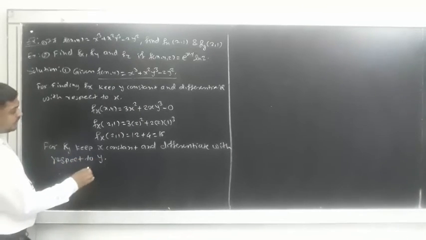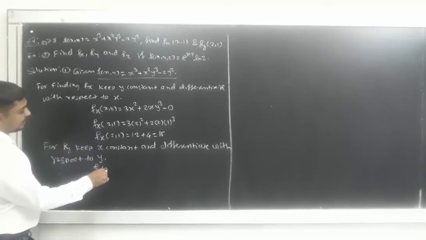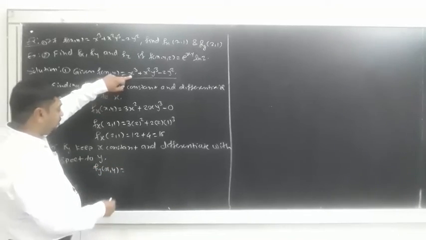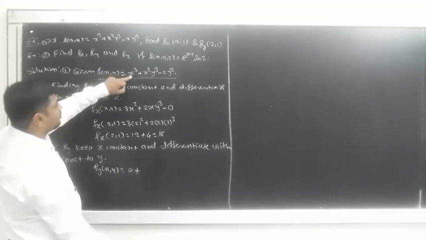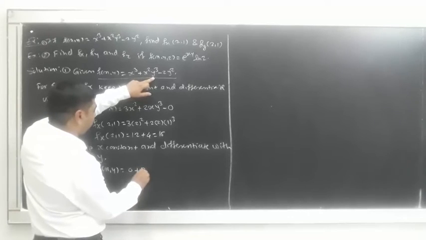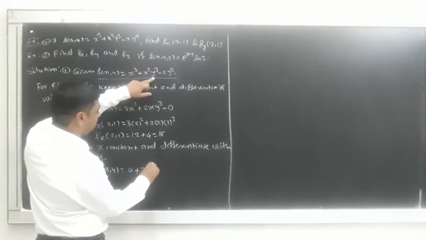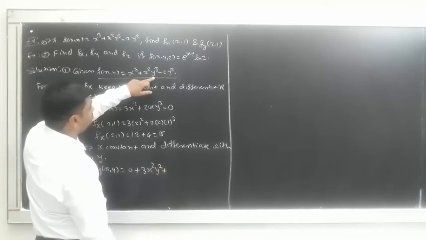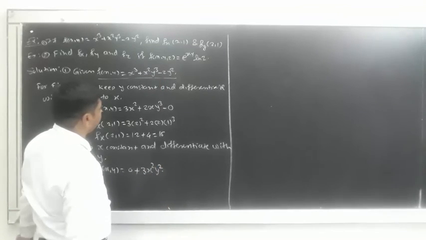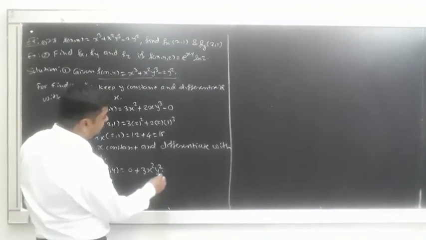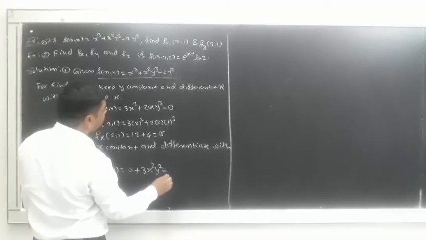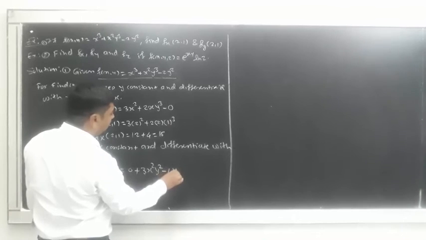So what do we take here? fy at (x,y) is equal to, here x is constant, therefore the derivative is 0. Here x is constant, so the y cube derivative is 3y square, so 3x square y square, and minus, here is minus, y square derivative is 2y, 2 2s are 4y.